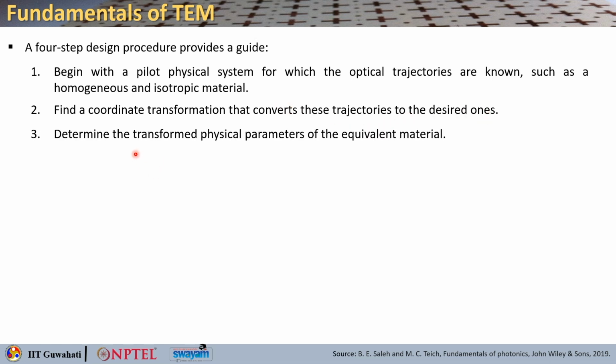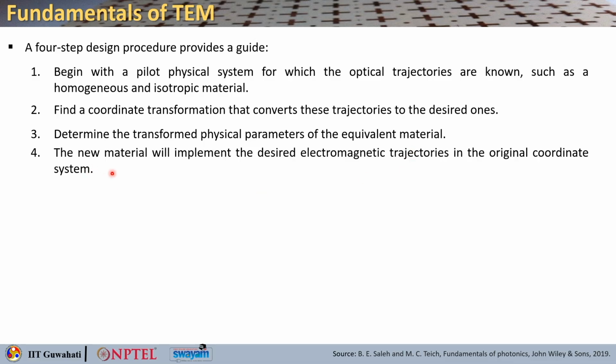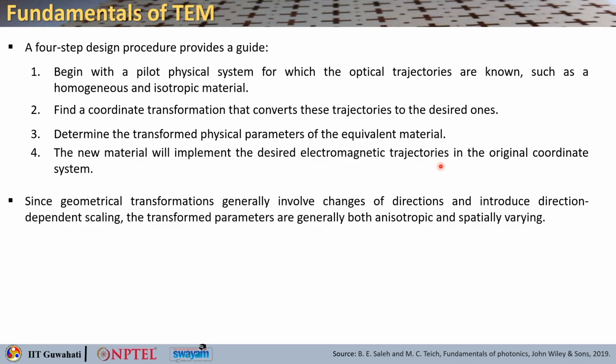For doing that, you have to determine the transformed physical parameters of the equivalent material, which can do the same kind of distortion to the electromagnetic wave or light. Okay? So, that should go into the material property, and then finally you need to implement that new material that will give you the desired electromagnetic trajectories in the original coordinate system.